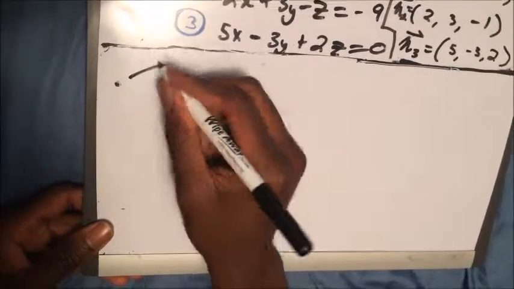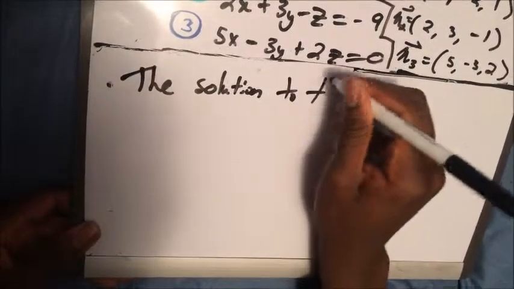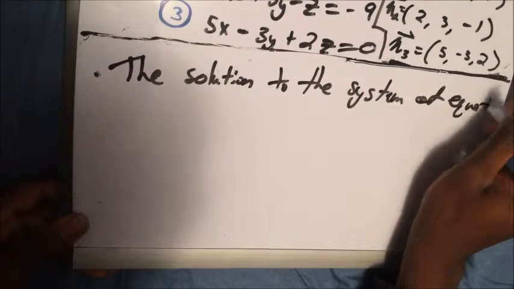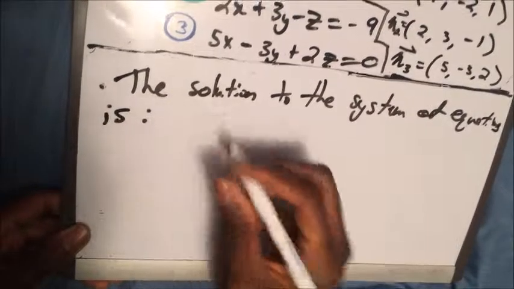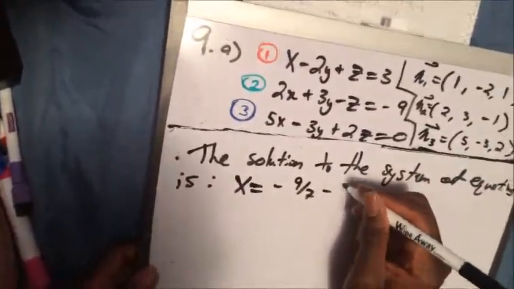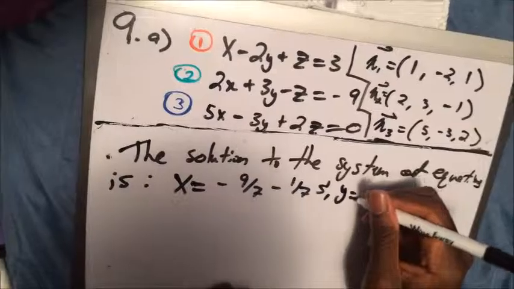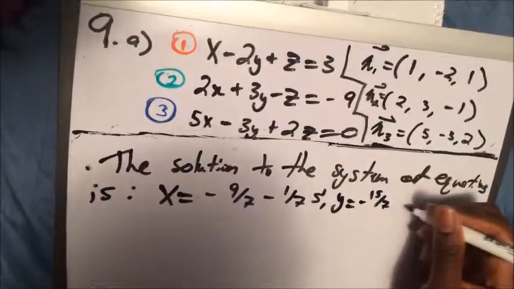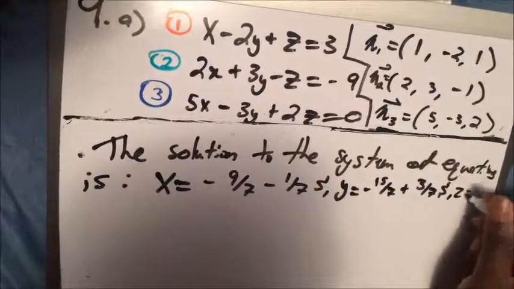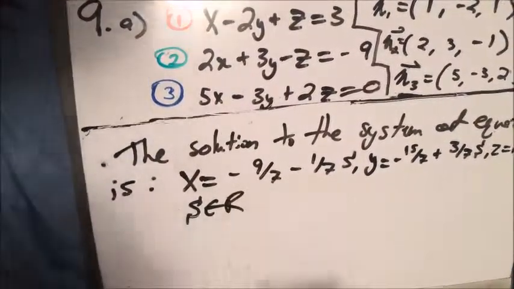So the solution to the system of equations is, we said x equals negative 9 over 7 take away 1 over 7s, y equals negative 15 over 7 plus 3 over 7s, and then z equals s, and remember the parameter s belongs to all real numbers.